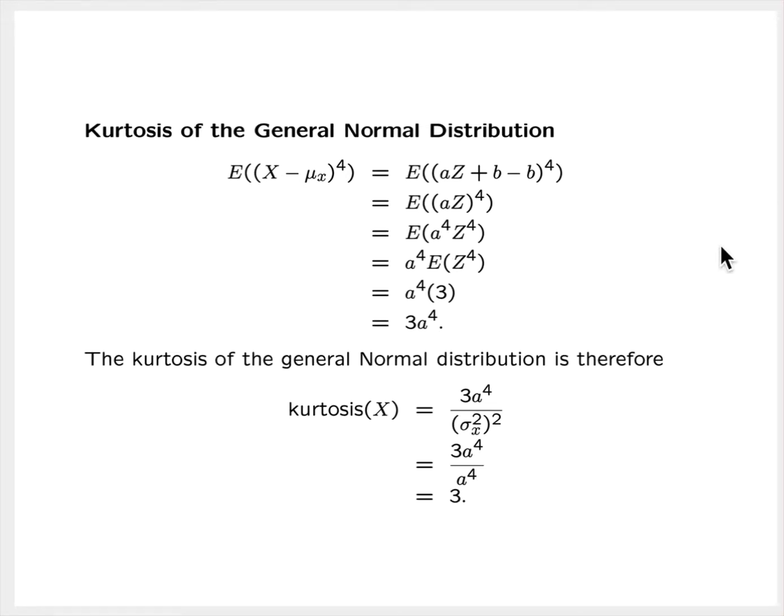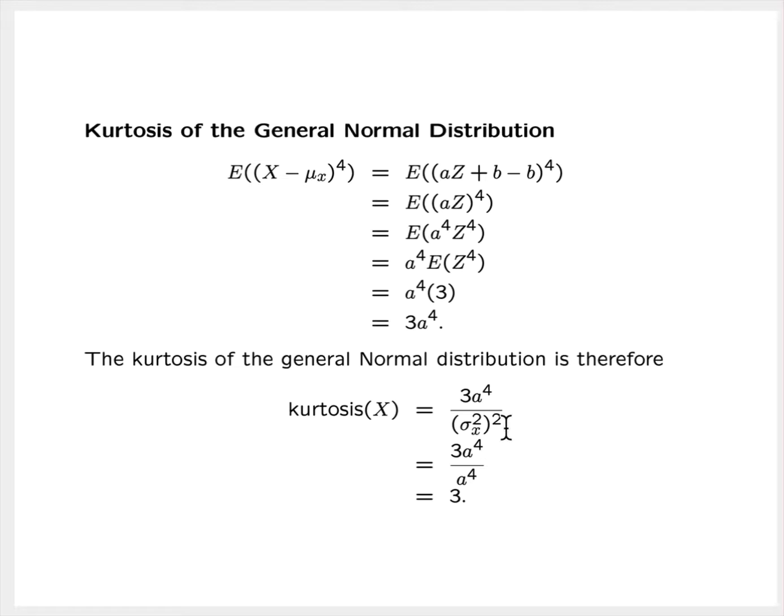And then finally, we can find the kurtosis of the general normal distribution. So we first find the fourth central moment, and we find that that's equal to 3 times A to the fourth power. Then to get the kurtosis, we divide that fourth central moment, 3 times A to the fourth, by the square of the variance.